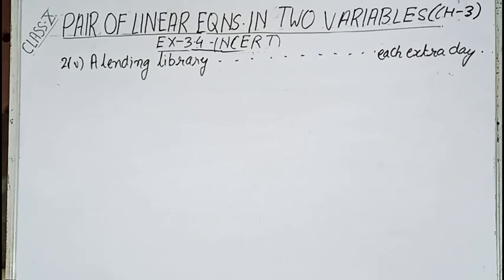Means after 3 days, per day one additional charge is taken by the librarian. Now Sarita paid rupees 27 for a book kept for 7 days, while Susie paid rupees 21 for the book she kept for 5 days. Find the fixed charge and the charge for each extra day.